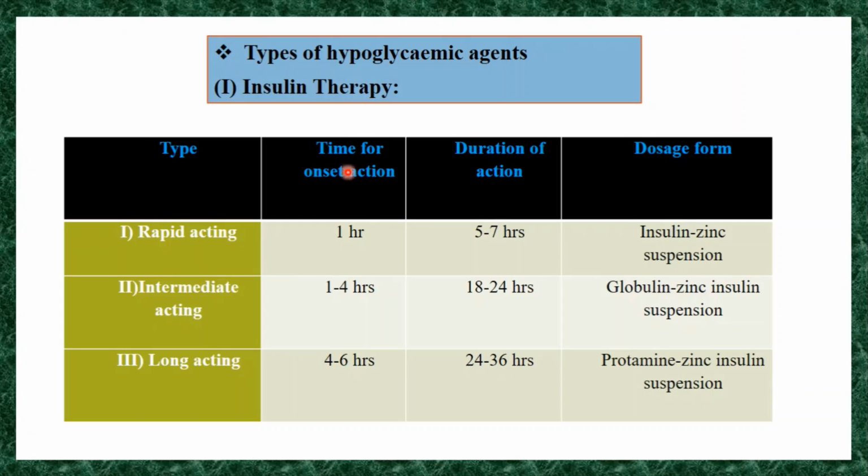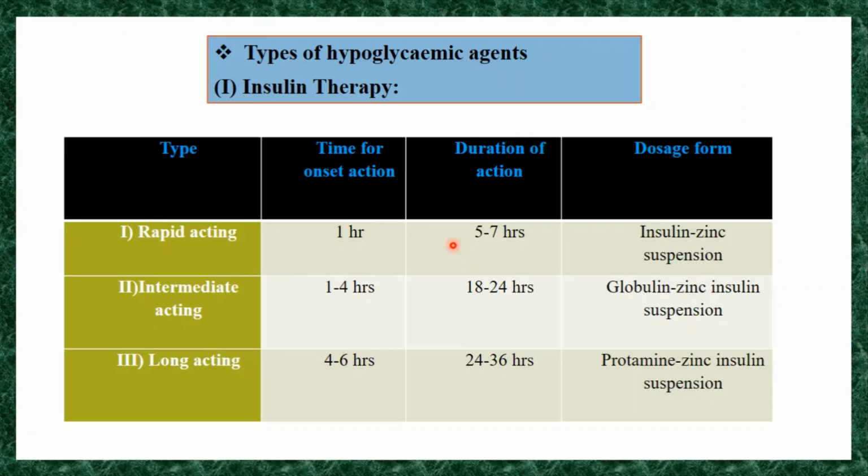The time for onset of action is 4 to 6 hours, and the duration of action for this protamine zinc insulin suspension is 24 to 36 hours. So this is all about your insulin therapy.